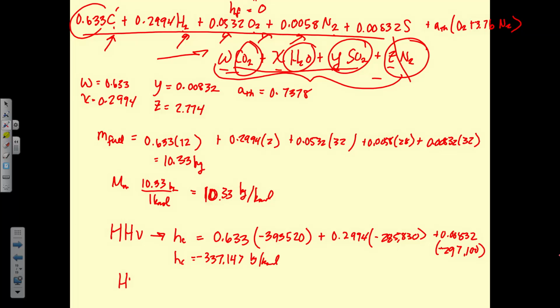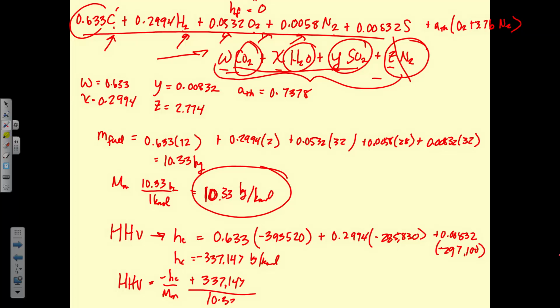And HHV is equal to negative H sub C over the molar mass, or the apparent molar mass of the mixture. So it's this negative 337,147 divided by 10.33 kilograms per kilomole. So that gives us 32637.7 kilojoules per kilogram, the higher heating value for this particular coal.